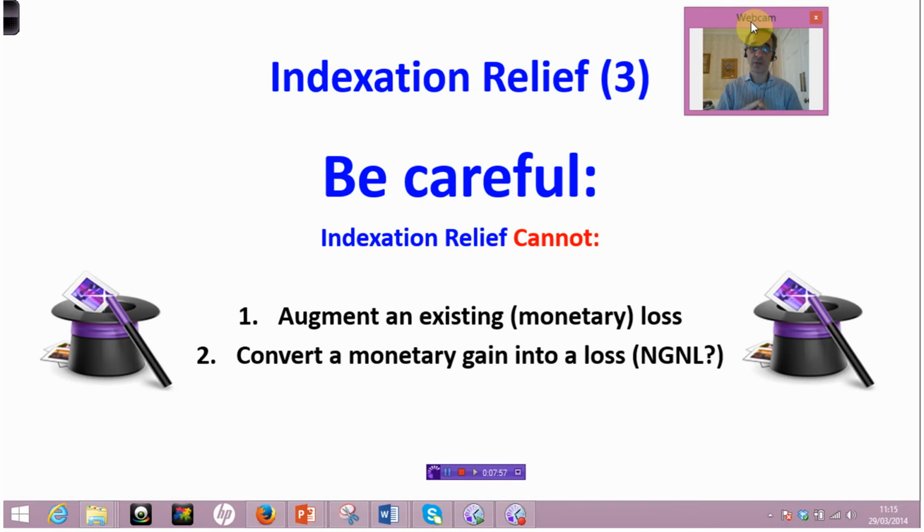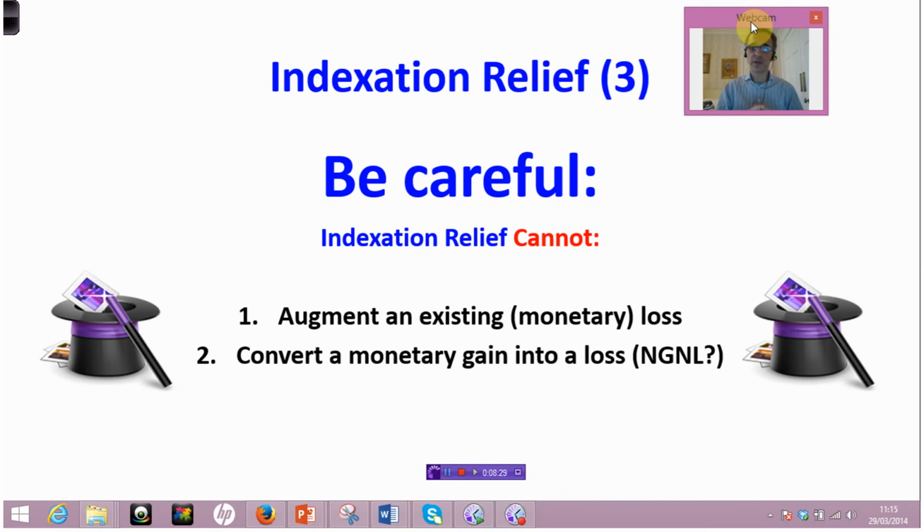Say, for example, the cost was 100,000 and the proceeds were 50,000. In effect, we already have a monetary loss of 50,000. So within our three-liner, the IA, or the Indexation Relief as it's known in the Republic of Ireland, cannot increase that loss. We can't use the indexation relief to make a bigger loss because there's already one there. Okay, that's the first rule.